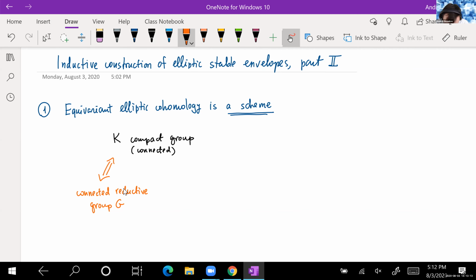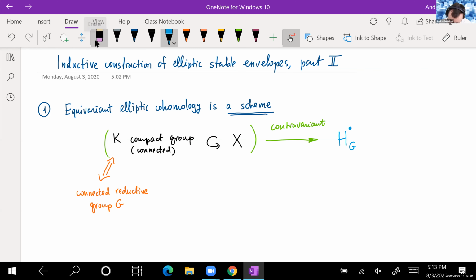And let it act on a topological space X. Then to this data, one associates a contravariant functor.